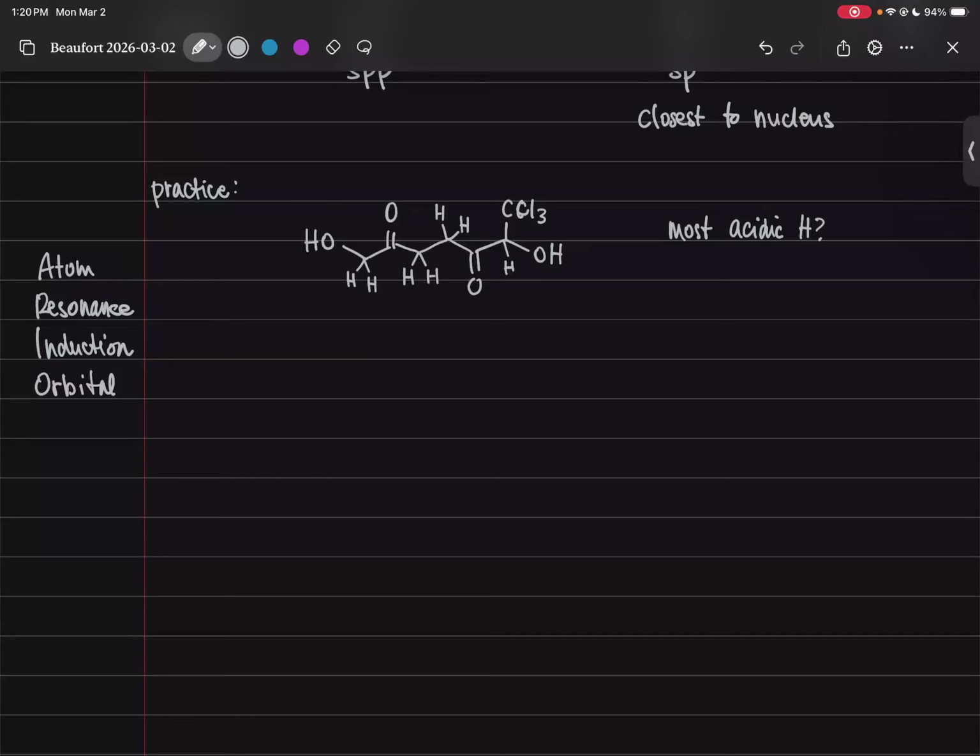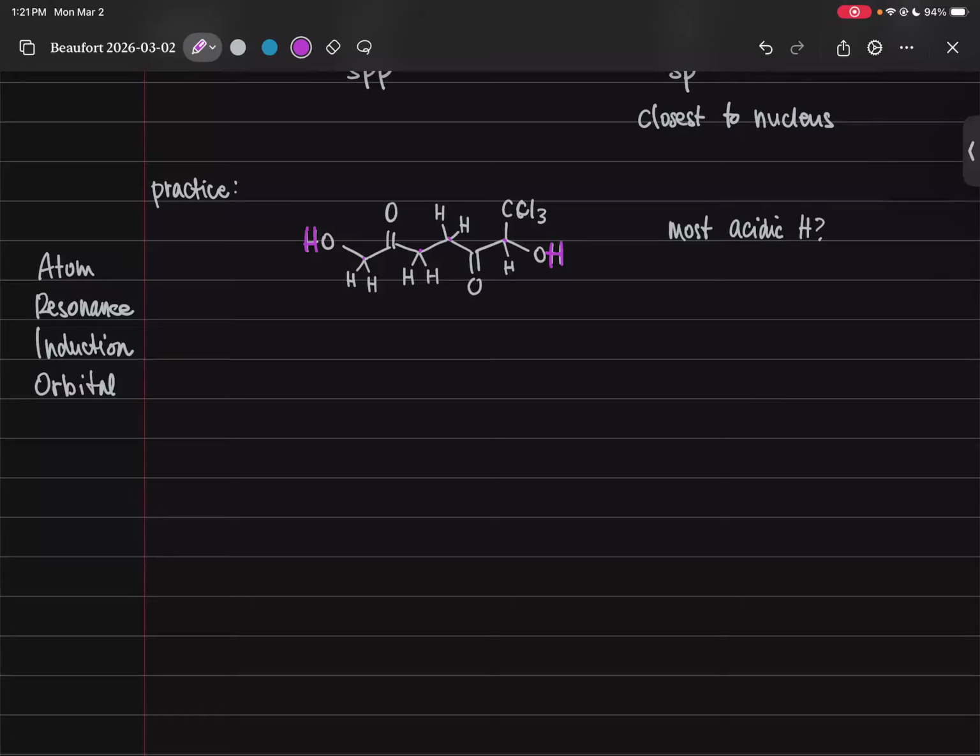Okay, sorry. What do we think here? Is it any of the hydrogens that are on carbons? No. So it's going to be either this one or this one. Okay, so that's atom, oxygen.